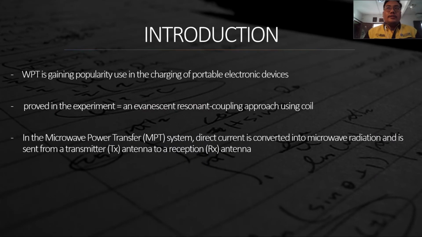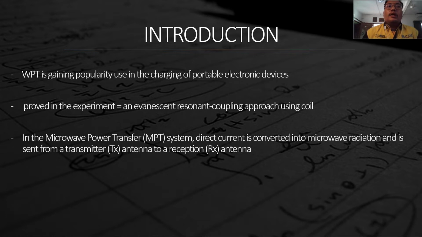For the introduction, the project is about wireless power transfer. Wireless power transfer is gaining popularity, used in the charging of portable electronic devices, which is a phone, laptop, and so on. Wireless power transfer has been proven in experiments using the evanescent resonance coupling approach using coil, so that uses old version technology.